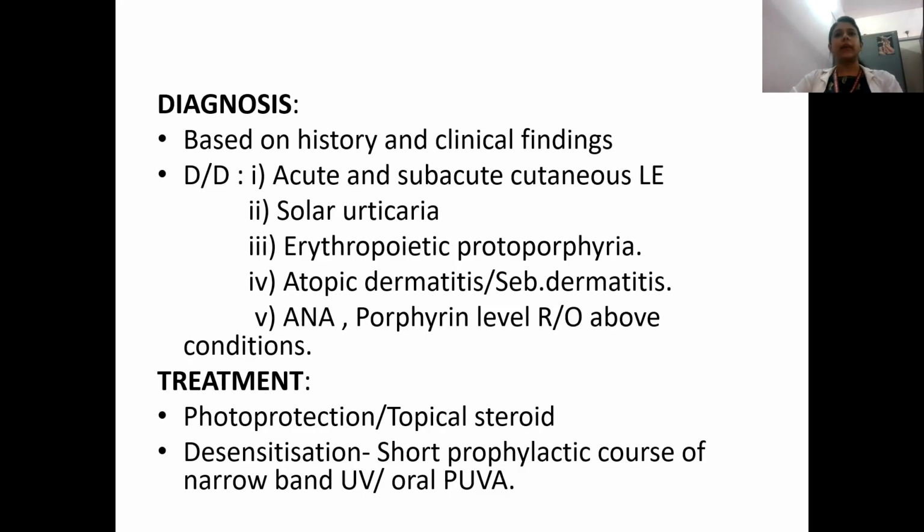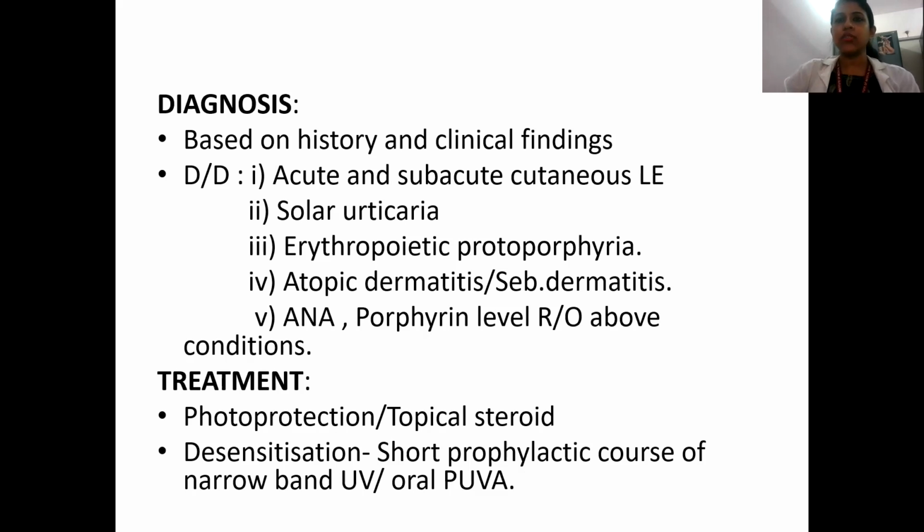So we can make the diagnosis by history as well as clinically. We should look at where all the lesions are, whether lesions are present in the non-exposed areas also, or only in the exposed areas like hands and face, wherever it's exposed.